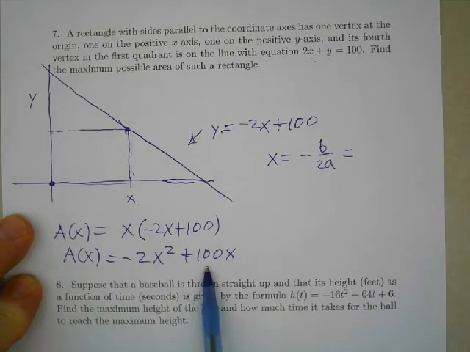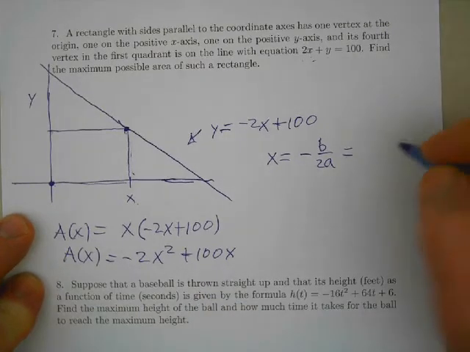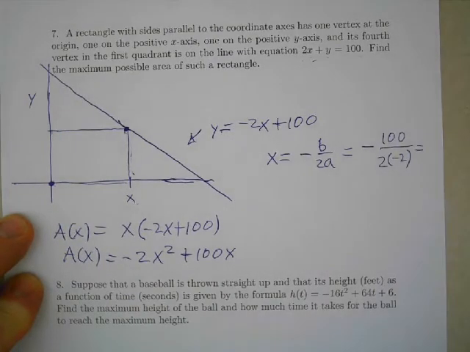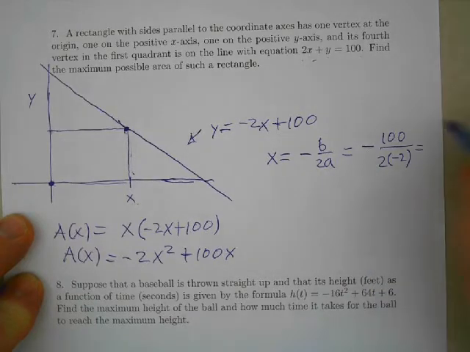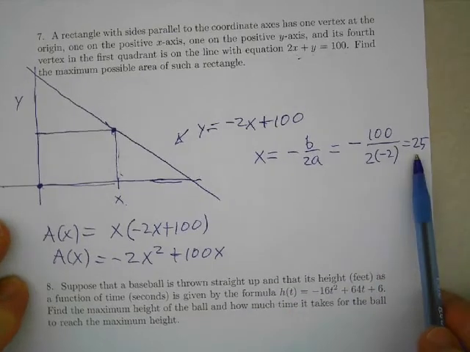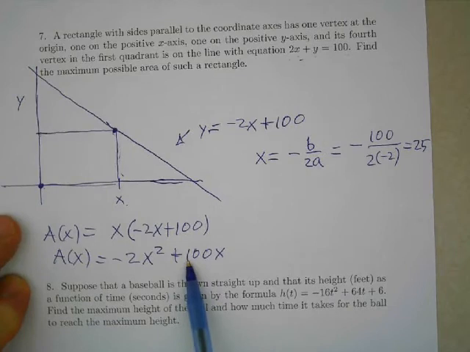So for this function, a is -2 and b is 100. So the negative of 100 divided by 2 times -2, we're just going to get positive 25.